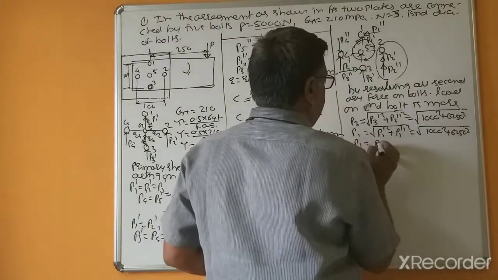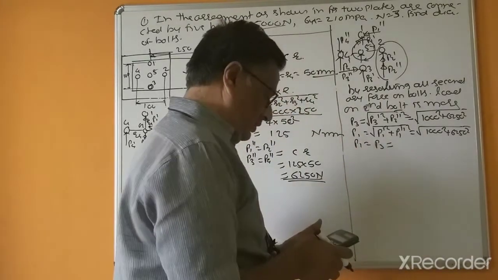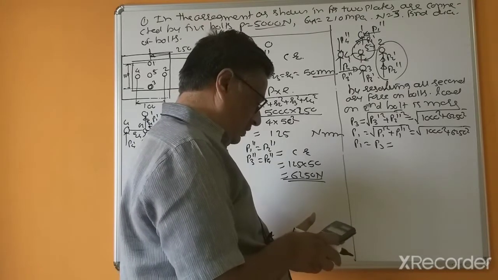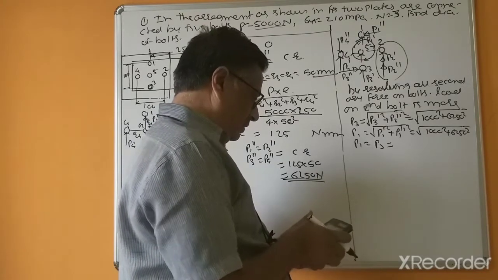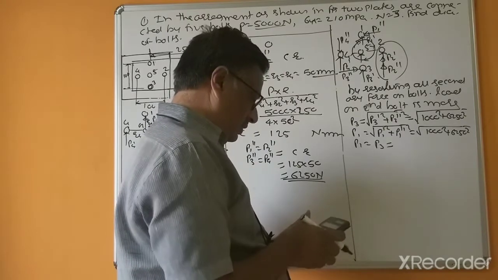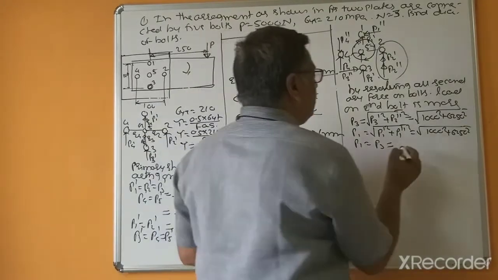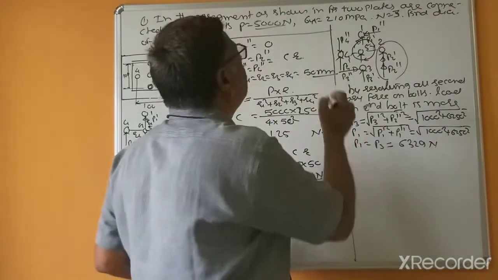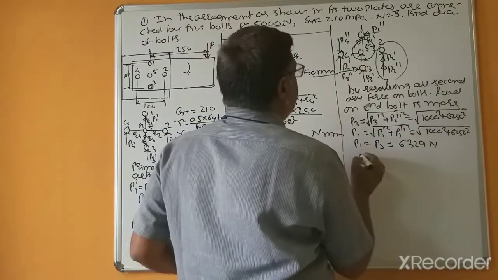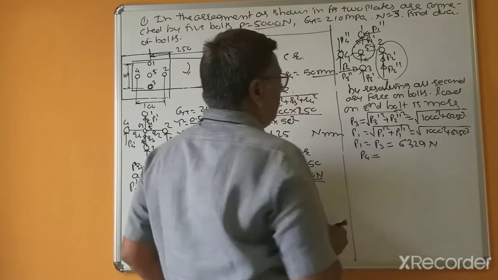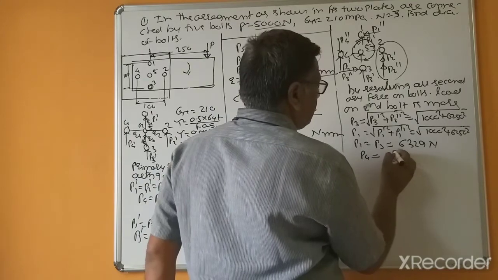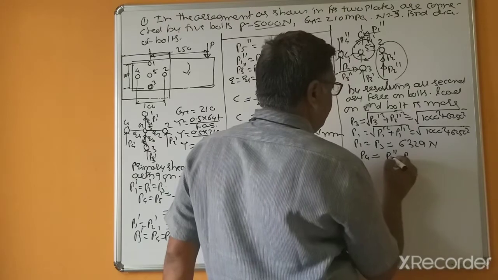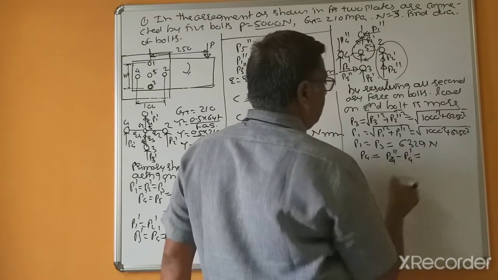So that's why P1 equal to P3 equal to 6329 Newton, and here for the fourth bolt, P2 single dash upwards, and P4 single dash opposite.